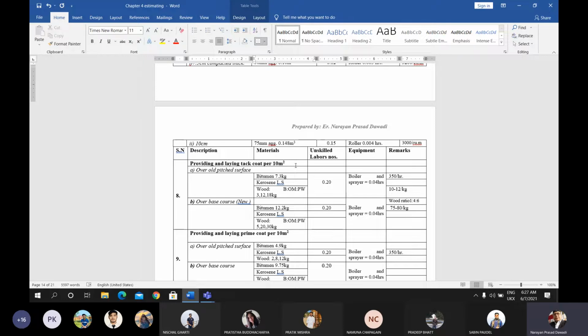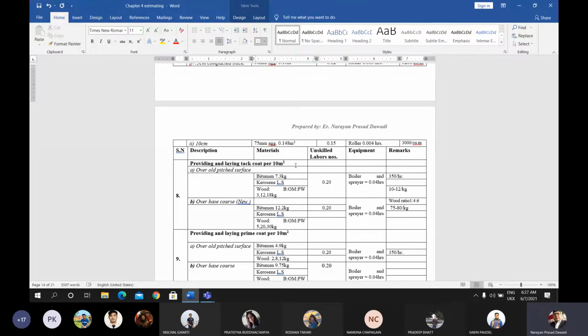That is, the liquid bitumen is spread over the surface of the base course. After laying this tack coat, only then is the surface course provided over the base course. It is the interlocking membrane which helps to interlock the base course and the surface course. So it is the tack coat.